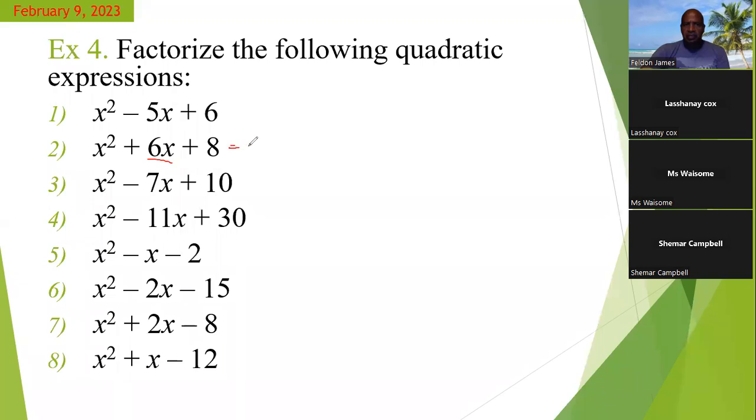So this would be equal to x squared plus 2x plus 4x, and then we have plus 8.